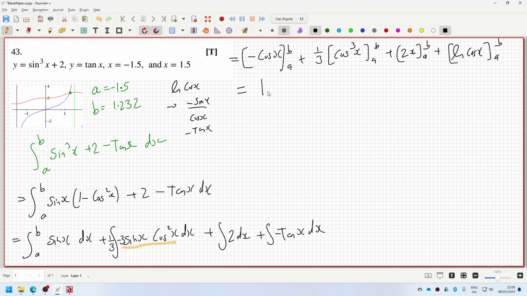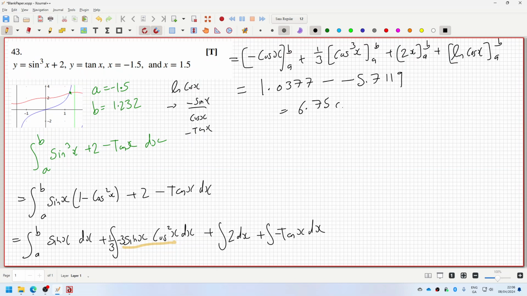So that's 1.0377 minus, and then that's minus 1.5. So that's minus 5.7119. So in total, that's 6.796.